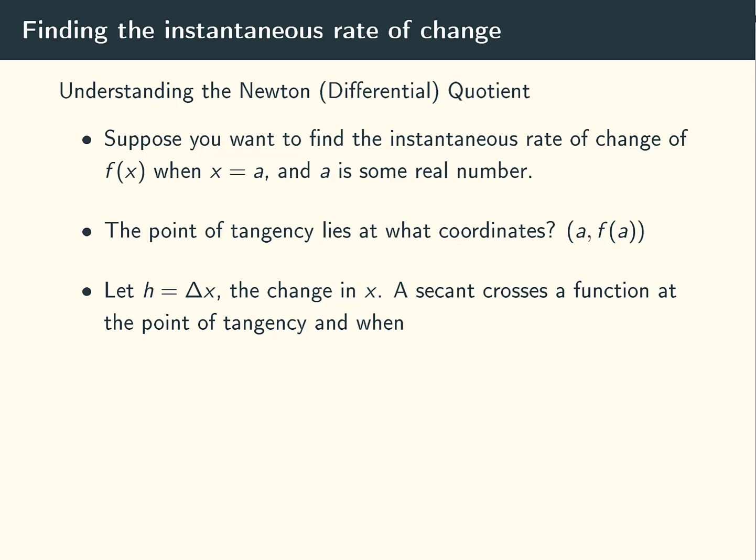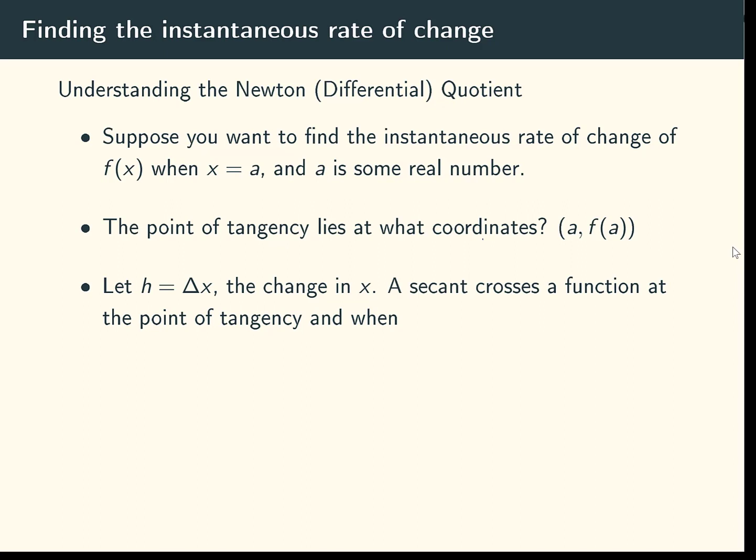A secant crosses a function at the point of tangency. Remember, a secant is going to cross a function at 2 points. One of those points is the point of tangency. The other point is when what? How can we generalize the second coordinate where the secant crosses the function?